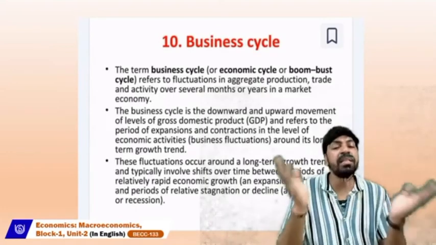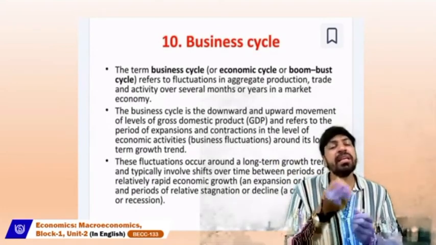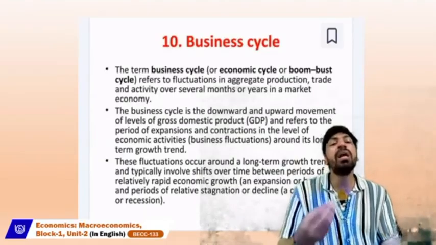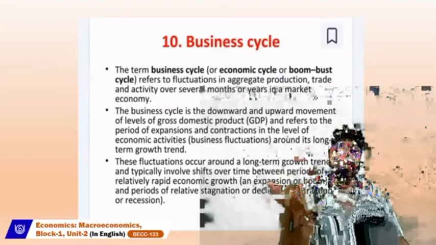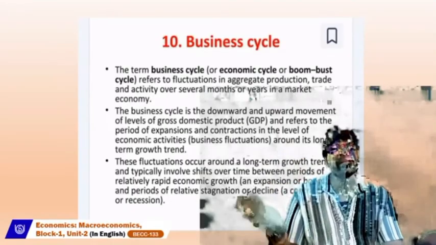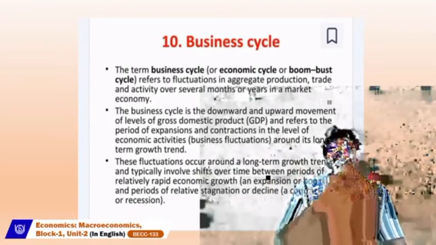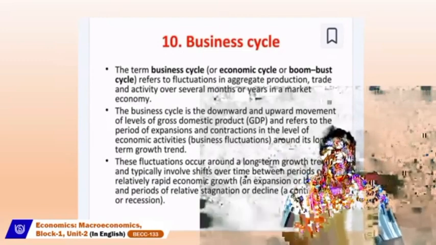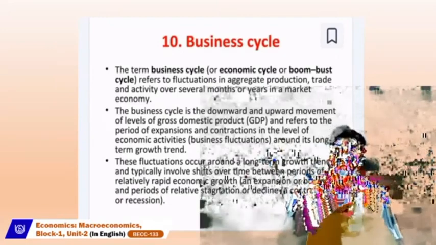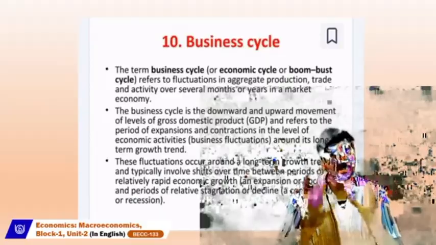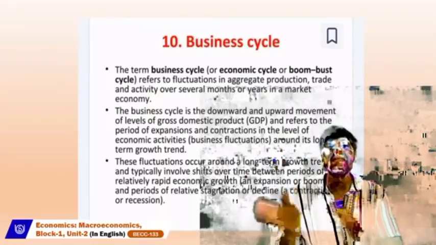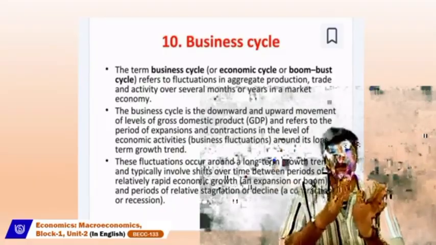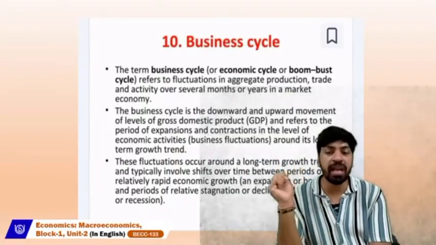So expansion and contraction automatically depend upon the level of economic activities, in other words called business fluctuation, which also refers to a long-term growth trend. When any particular cycle is shown over years, it refers to expansion and contraction, meaning it would increase or decrease according to a long period of time.